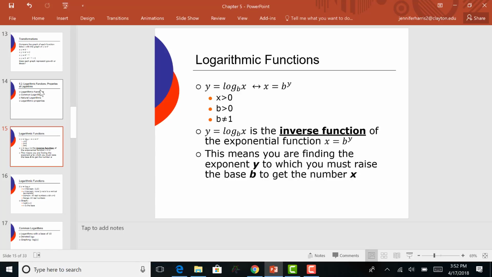Step 2, do something I created called the circle method. So here is step 2. I'm rewriting the problem here so I can actually do the circle method. Here is what I call my circle method. You always start on the side of the equal sign where the exponent is.